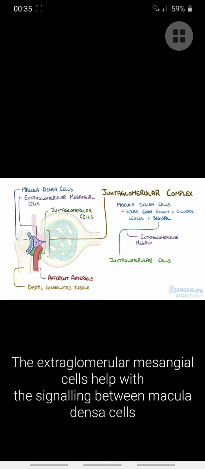The extraglomerular mesangial cells help with the signaling between the macula densa and juxtaglomerular cells.